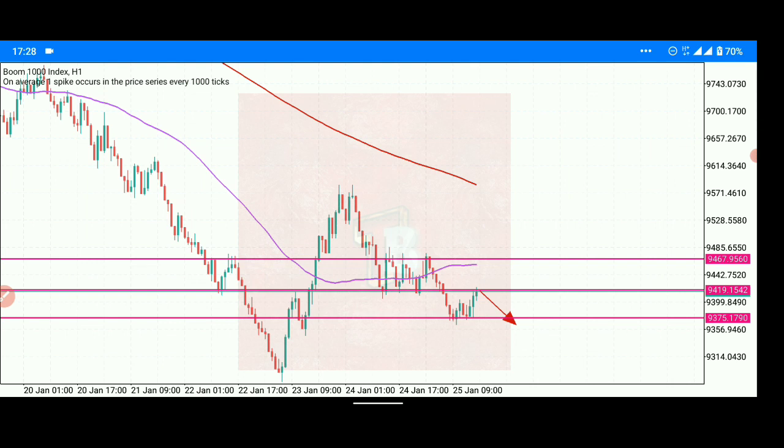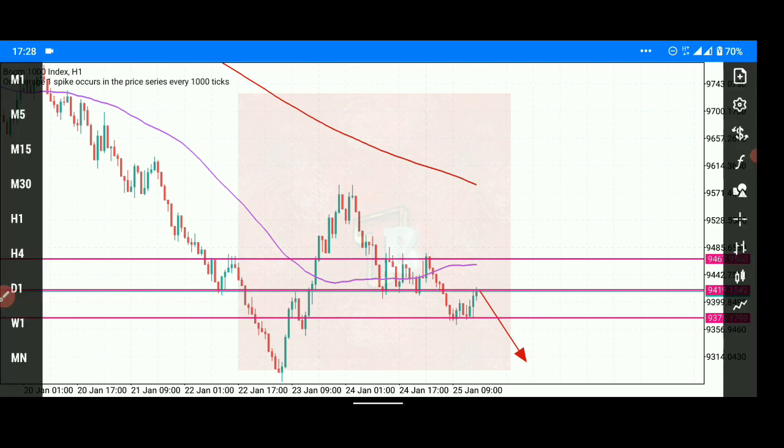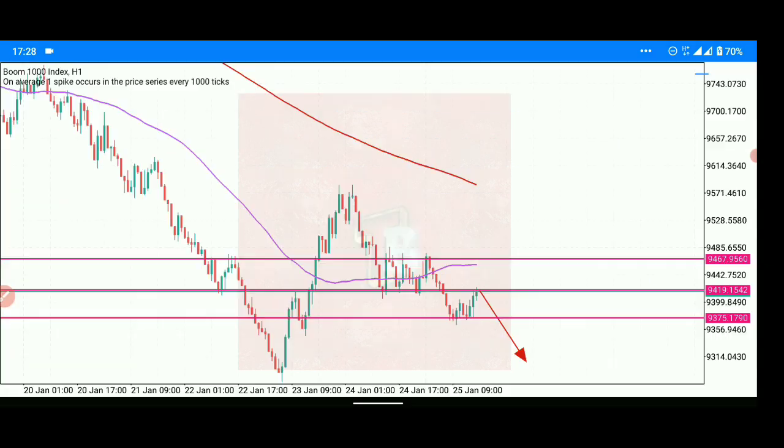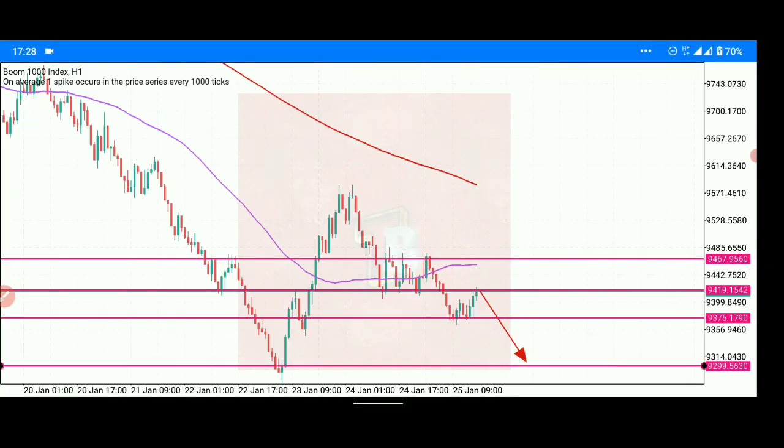So apparently this market would have to go down to this point to make another lower low. When it makes another lower low, we would be expecting a support zone here.